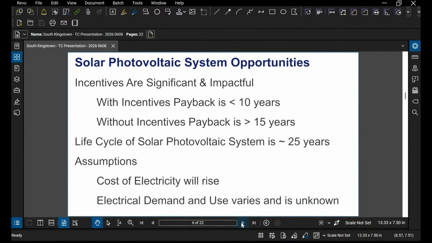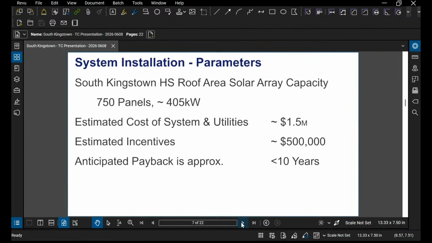So why would you do this? It's based on the assumption that the cost of electricity will rise, and you want to offset that cost, but it's also prudent to be mindful that the electrical demand of the high school will vary and is unknown because the building is not operational yet. So there are a number of assumptions going forward.